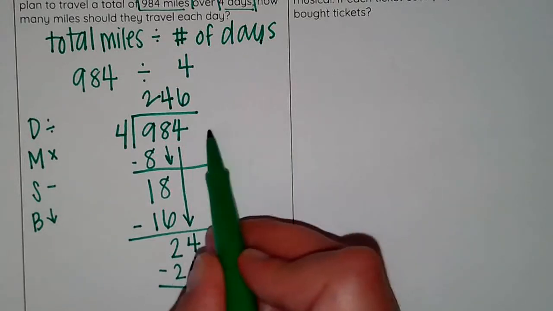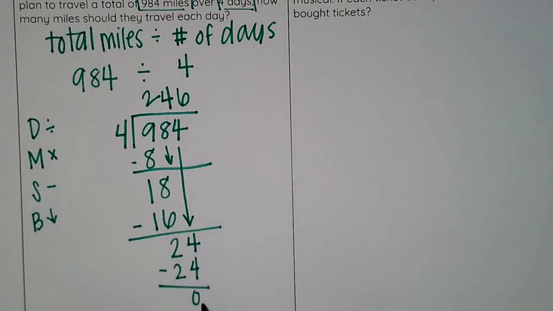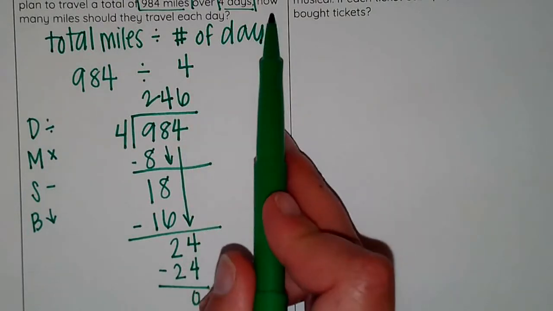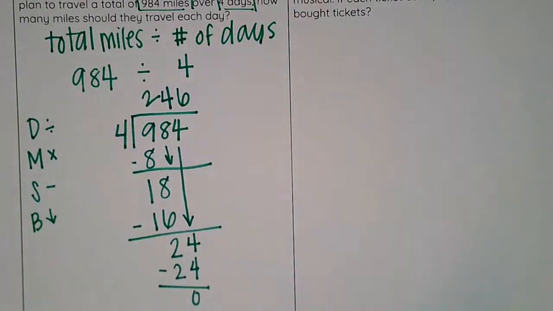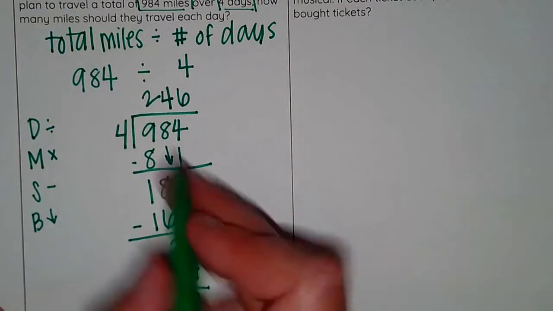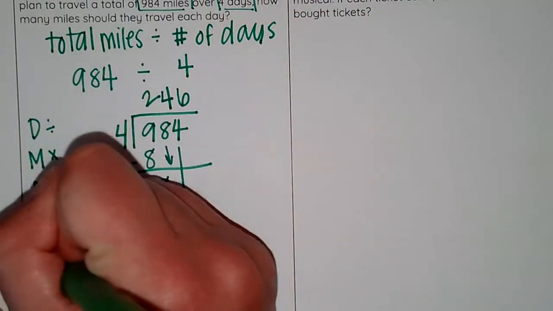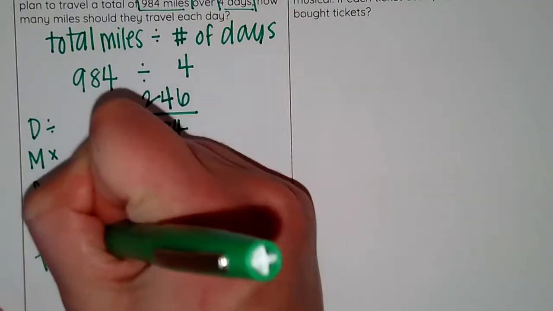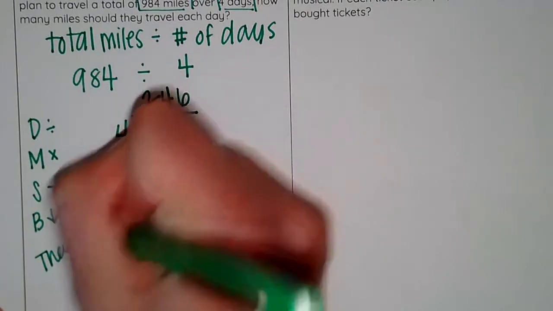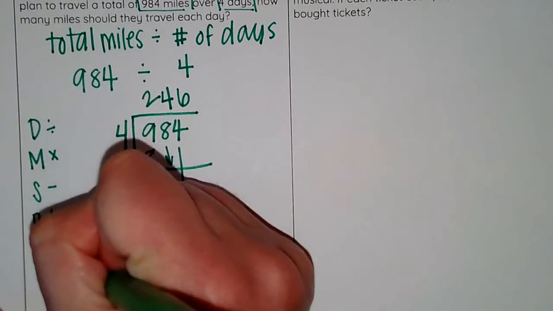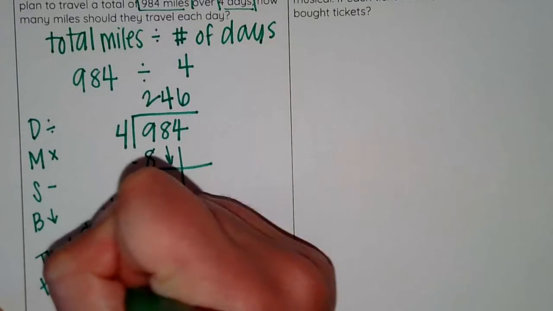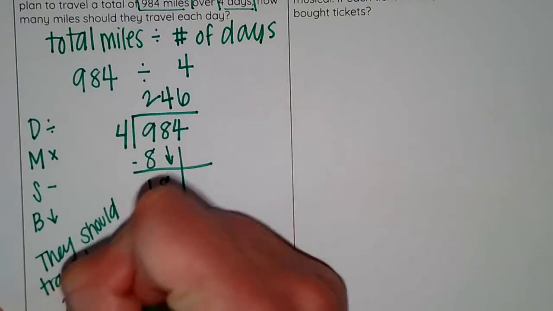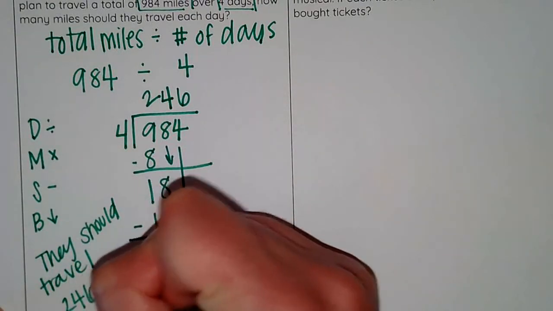These are all zeros over here, and I've got a 0 down here, so I am done. I go back to my question, which asks me, how many miles should they travel each day? Well, they should travel 246 miles each day.